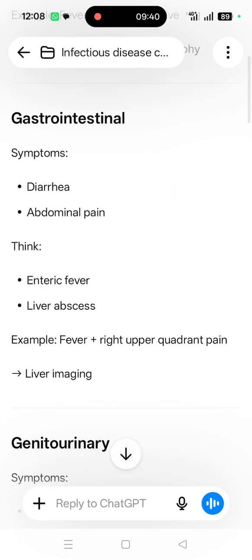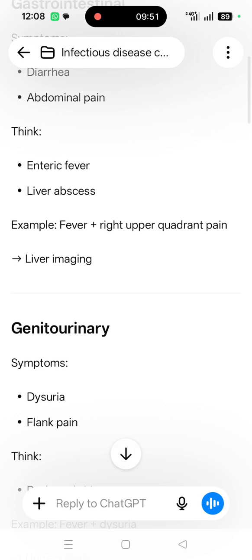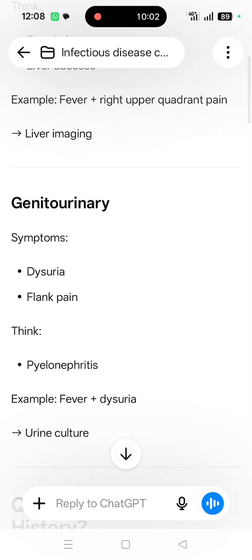Then coming to the gastrointestinal system, the symptoms are diarrhea and abdominal pain. Then think of enteric fever or liver abscess. An example is fever plus right upper quadrant pain, and you'll go for liver imaging. That is going to help you with the diagnosis.